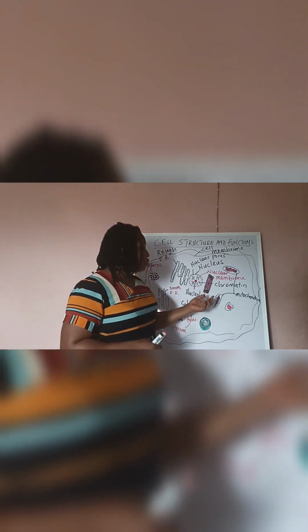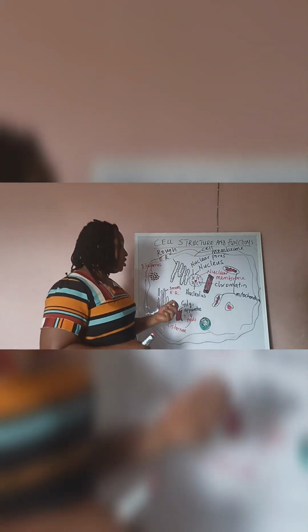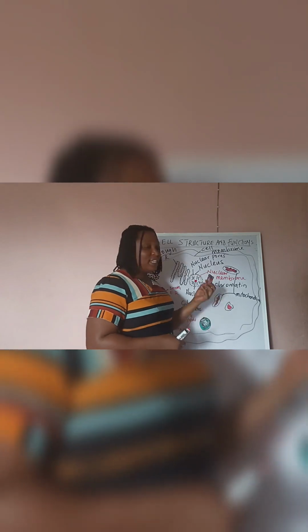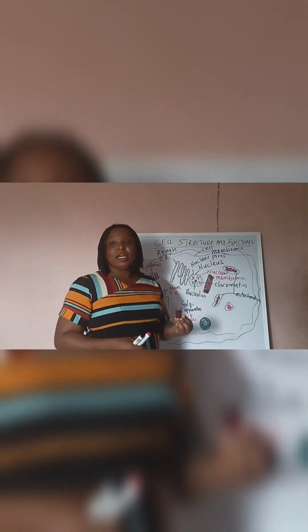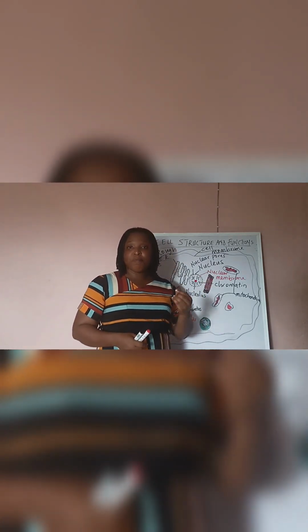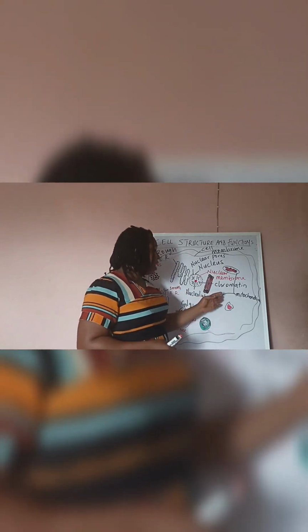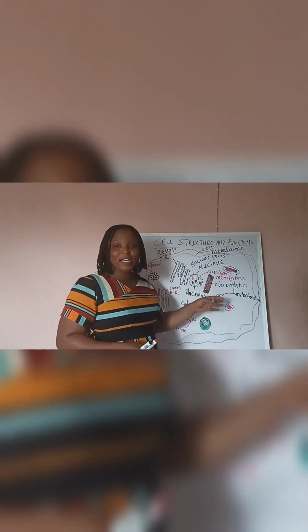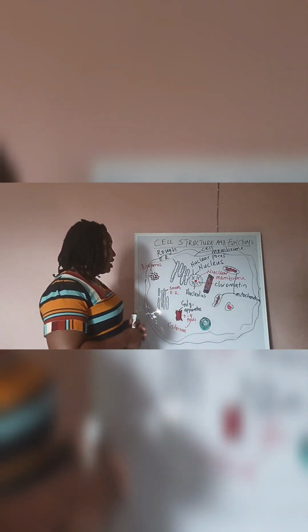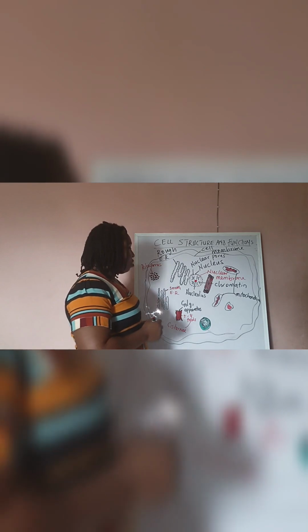So let's look at the structure of this organelle. Like I said, it has a double membrane. So we have the outer membrane and the inner membrane.